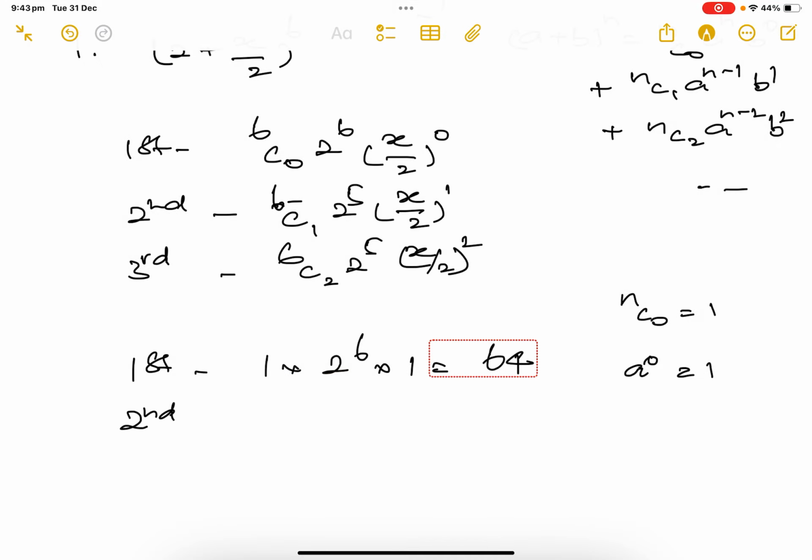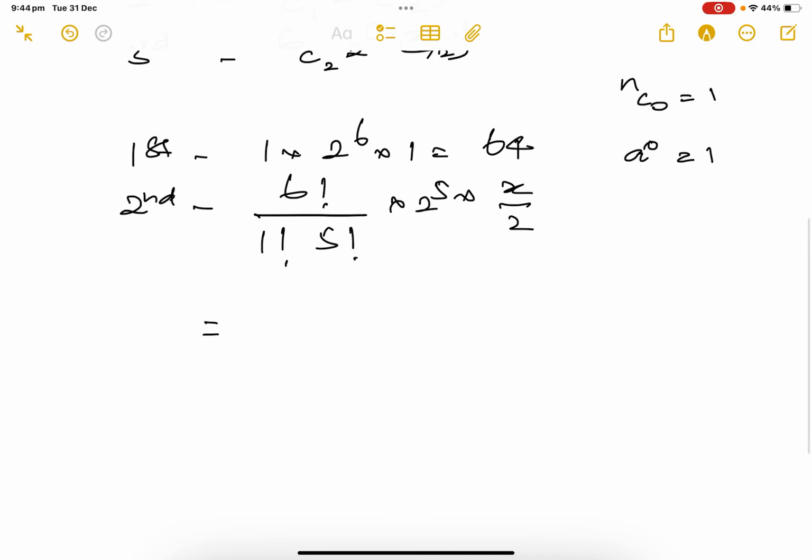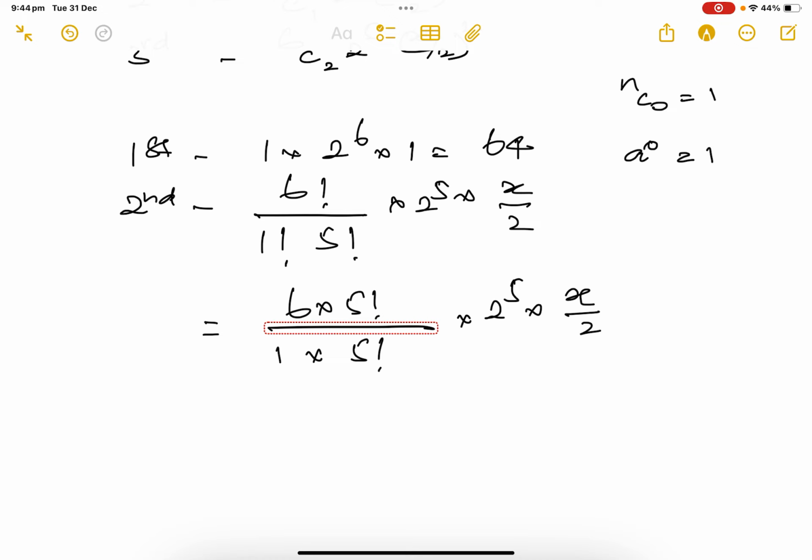The second term, 6C1. 6C1 can be written as 6 factorial divided by 1 factorial, 5 factorial, times 2 to the power 5 times x divided by 2. Simplify. The 6 factorial can be written as 6 times 5 factorial, divided by 1 factorial, which is 1, 5 factorial, times 2 to the power 5 times x divided by 2.